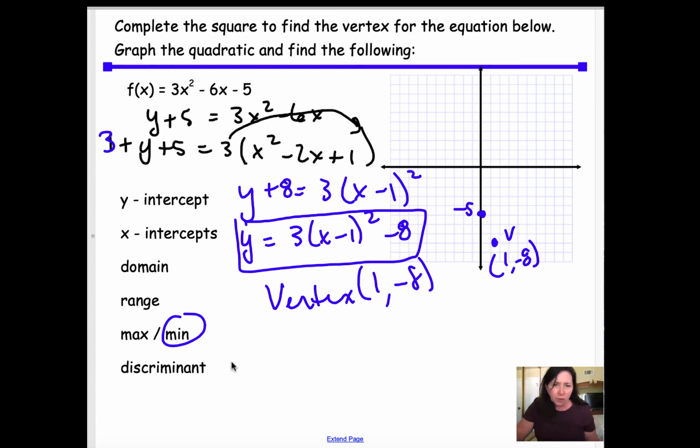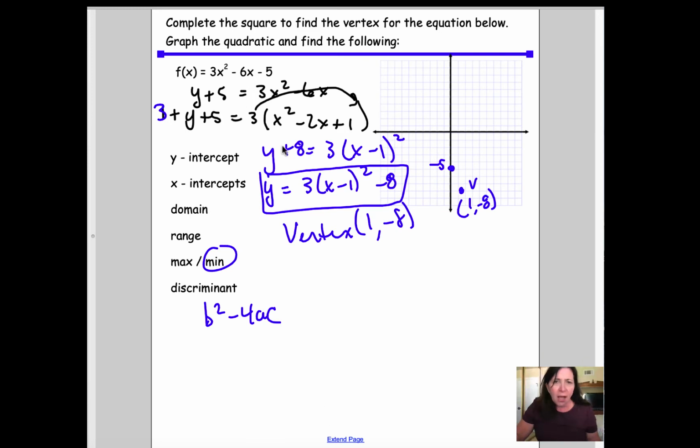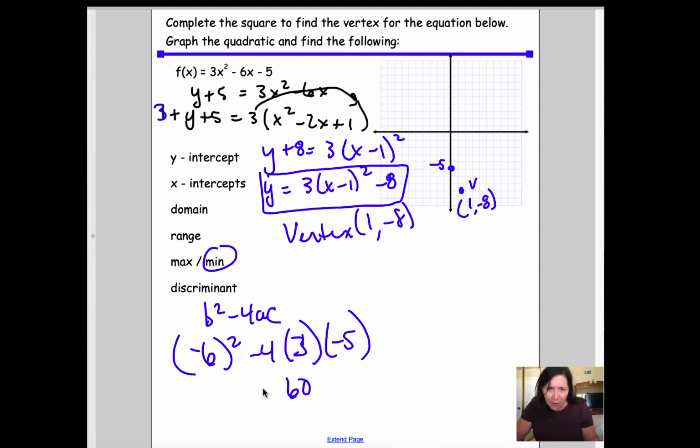I do want my discriminant, which is b squared minus 4ac. B squared, so that's going to be negative 6 squared, minus 4 times a, which is 3, times c, which is negative 5. So what is that? 36 plus 60, negative times negative is positive. So that's what, 96? Okay.